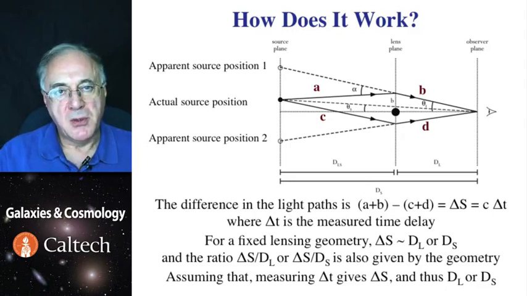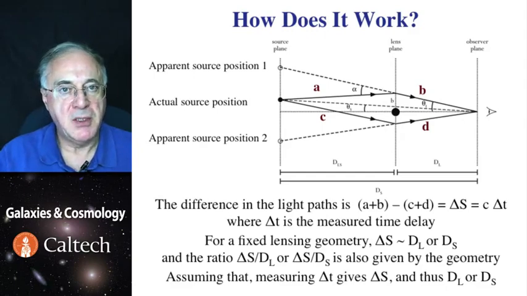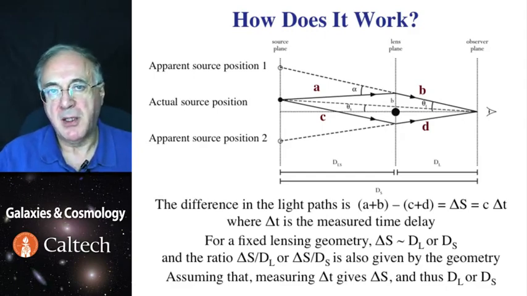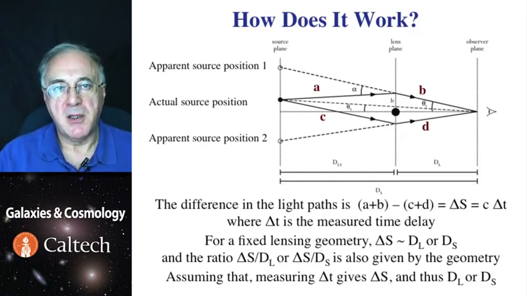Each of these images corresponds to a particular path of light rays that came around the gravitational lens, and they will be generally different in length. The difference in length would translate itself into a difference in arrival times. So if there was, say, some variability in the quasar, we will first see it in one image and then sometime later in the other. These time delays are typically in the range of weeks or months.